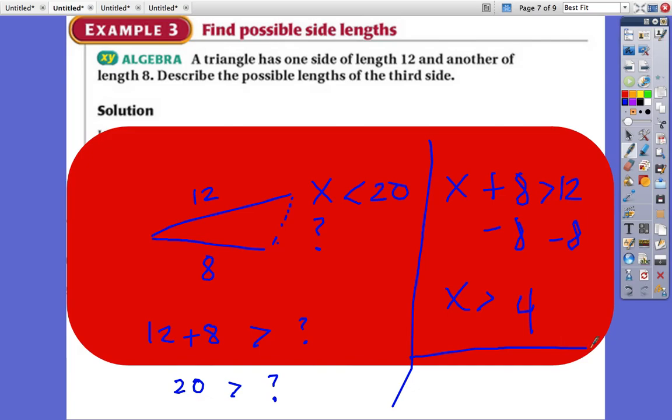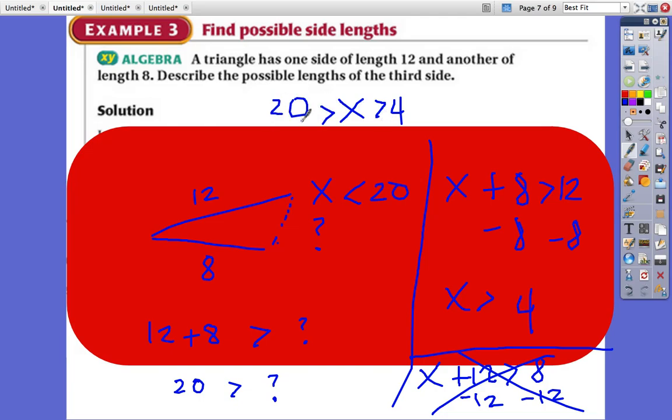And we'll do the other possibility. X, which is the missing side, plus 12, has to be greater than 8. If we subtract 12 from both sides, we'll get a negative number. So we don't have to worry about that because sides of triangles can never be negative. So the missing side has to be greater than 4, but less than 20. So anything between 4 and 20. So this third side could be 15, for example, because that's greater than 4 and less than 20.